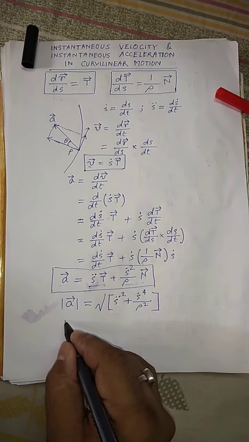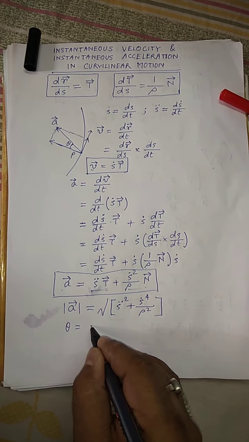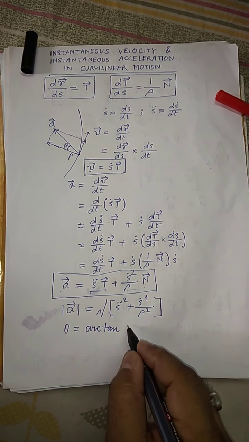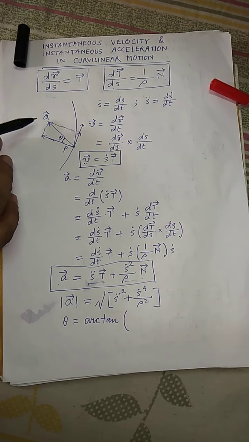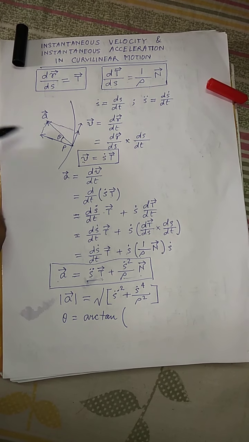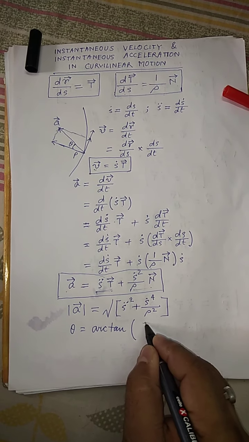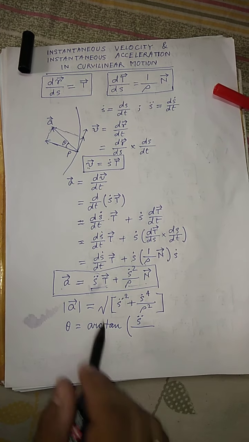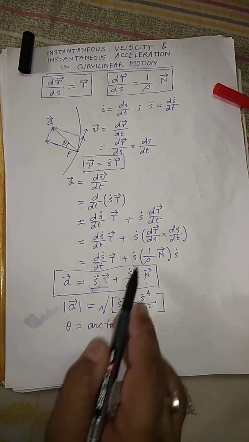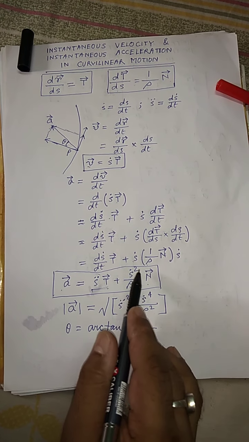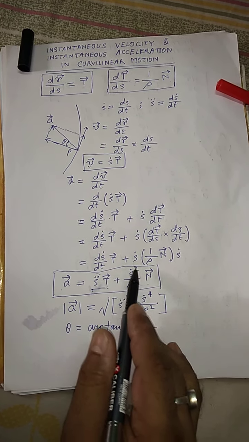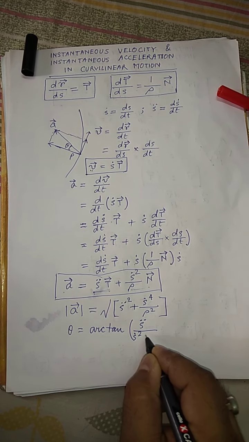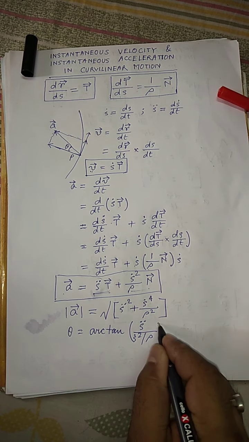Thus theta is equal to the arctangent of the ratio of the magnitude of the tangential component, s double dot, divided by the magnitude of the normal component, s dot squared divided by rho.